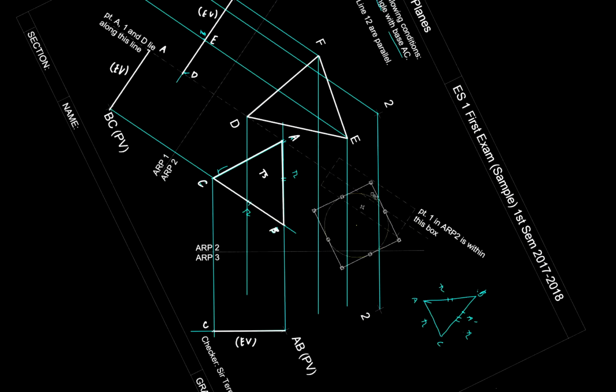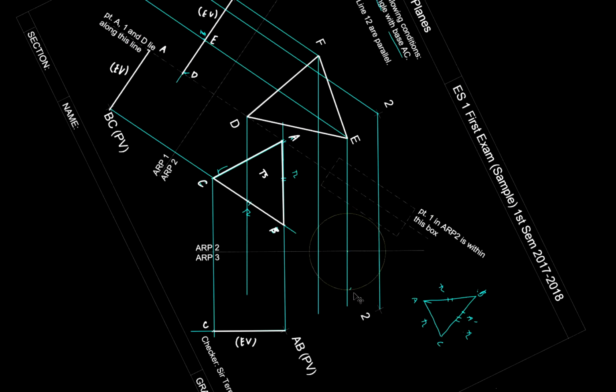So if I take this one, tapos kunin ko yung distance ni I could take any line, no? Kasi parallel naman siya sa reference plane. Then I could just take one distance, no? Kunwari itong distance na to. Yan.